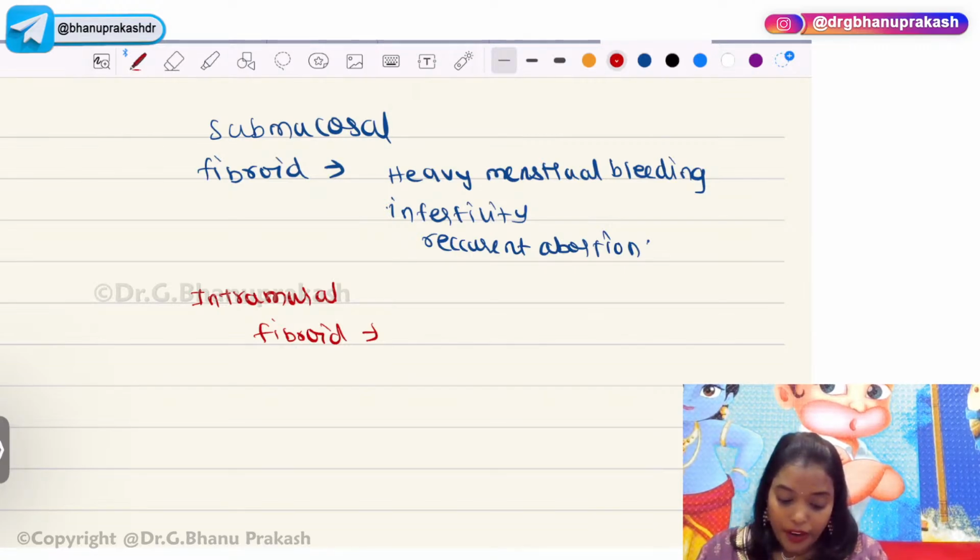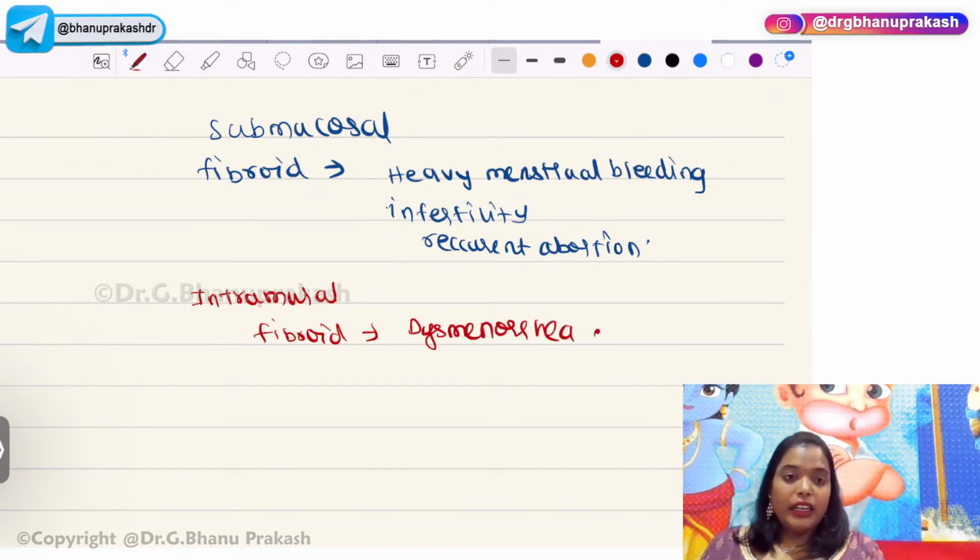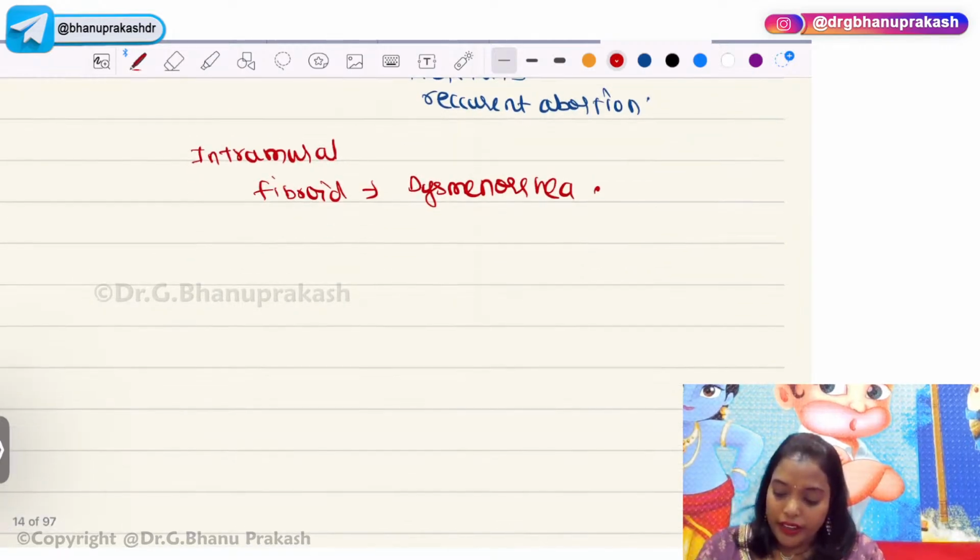So intramural fibroid, excellent. It will cause dysmenorrhea, pain. Intramural fibroid, dysmenorrhea, correct. What will be the symptom of subserosal fibroid?